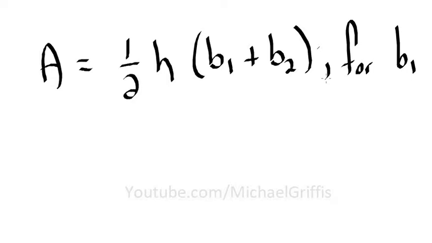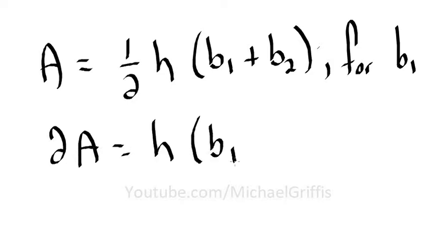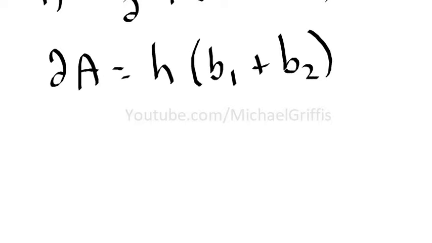I want to solve for b sub 1. So I want to multiply both sides by 2, to get rid of this half. You're going to get 2a is equal to h times b sub 1 plus b sub 2. Now multiply both sides by 1 over h, and we end up moving the h diagonally down.